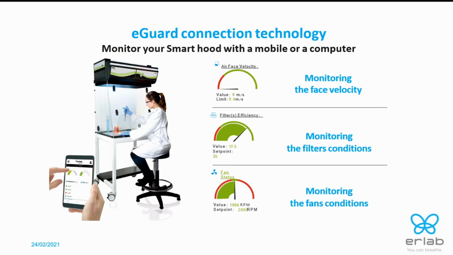Here is an example of the eGuard technology. With the app, which you can download on your tablet or cell phone, but you can also have it on your computer, you can control the vital criteria of your equipment, like the air face velocity, the filter efficiency, or the status of the fan, and you can do this in real time and see if there is any issue that requires taking some measures.